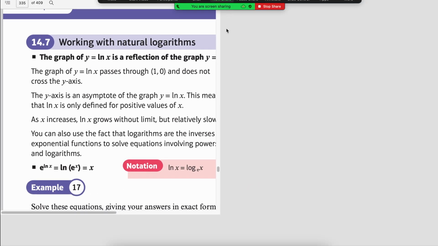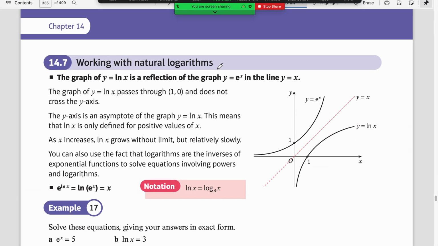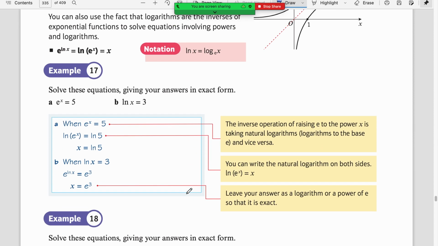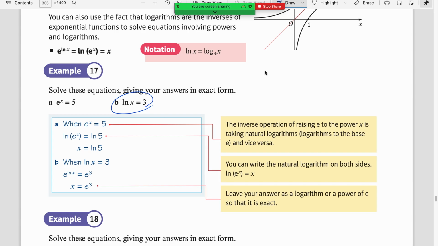In our next class, we'll be looking at this ln thing, which is log to base e. The rules are 100% the same. This is only one introduction. For example, we have this ln x is equal to 3.